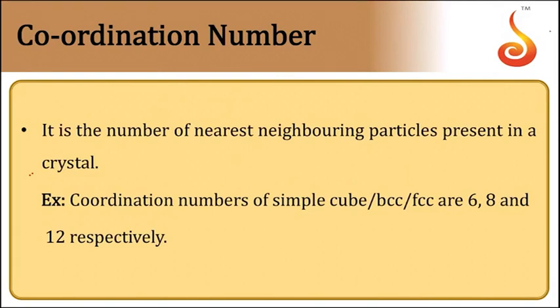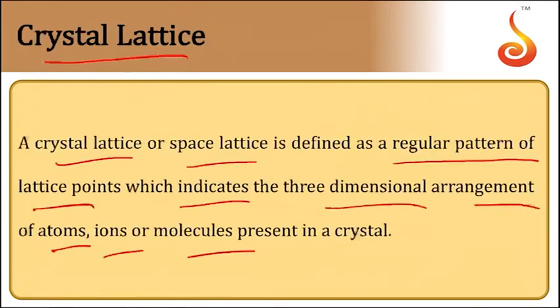Coordination number. Coordination number is the number of nearest neighboring particles present in a crystal. Let us take the previous structure once.